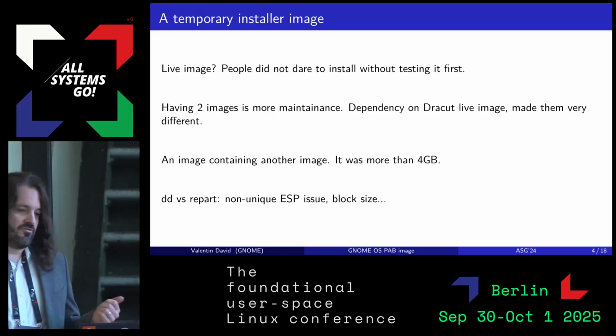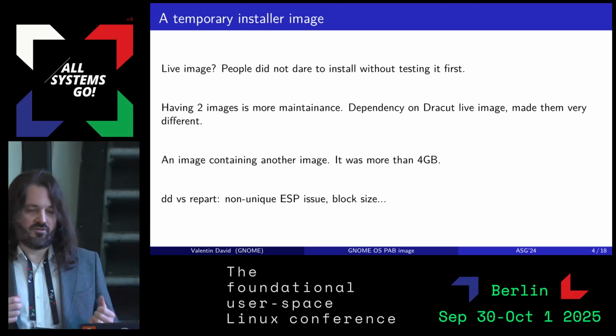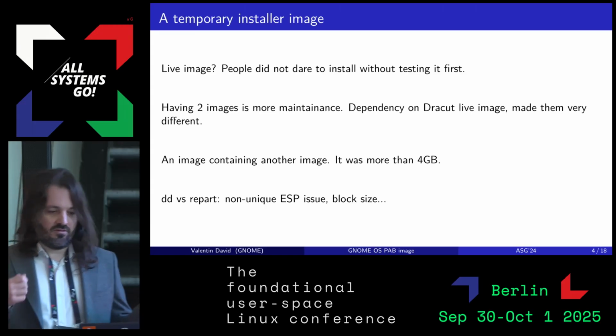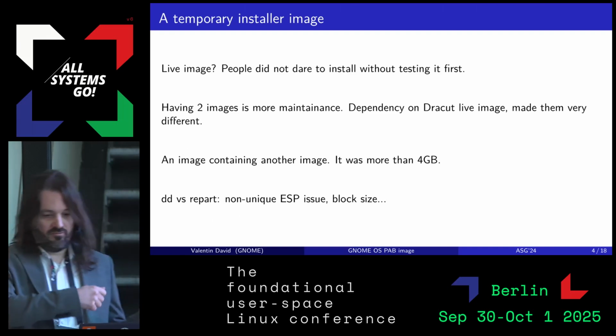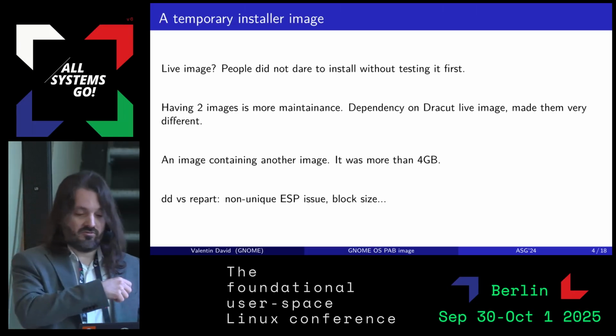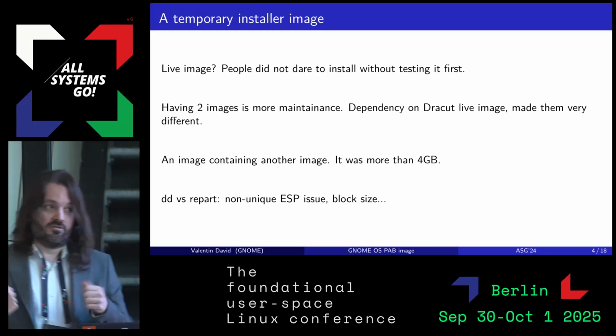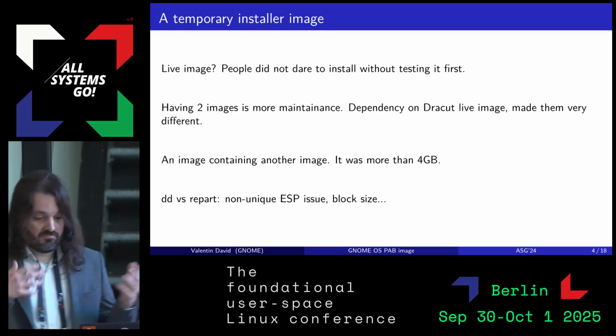Also, because we had this image with a slightly different stack, it was a bit more maintenance. For example, we use Dracut for the installer image, and we didn't want to do that anymore because we were using it only on this image and not on the main image.